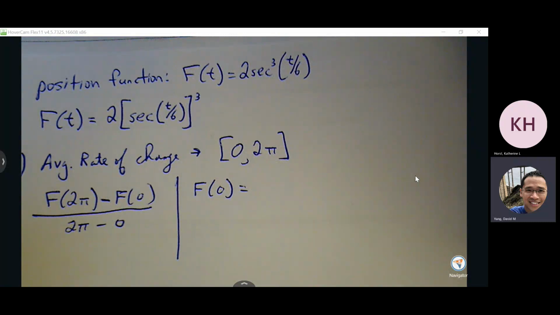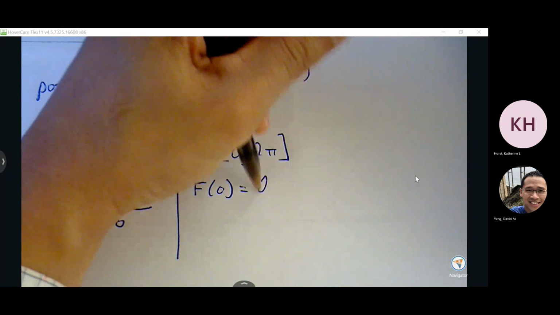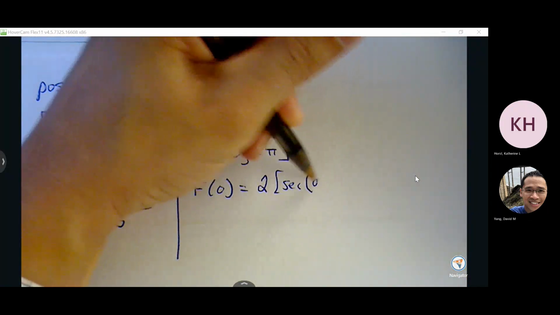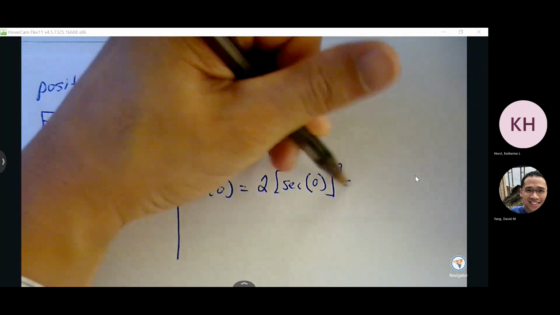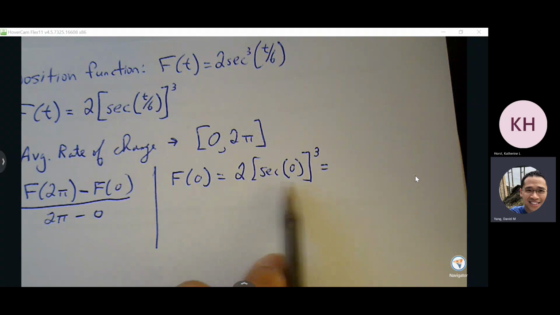Okay, so f of 0, I'll enter 0 in for t. Let's think about our unit circle values. We may not be as familiar with secant, but we're pretty good with cosine, right? So what's cosine of 0?